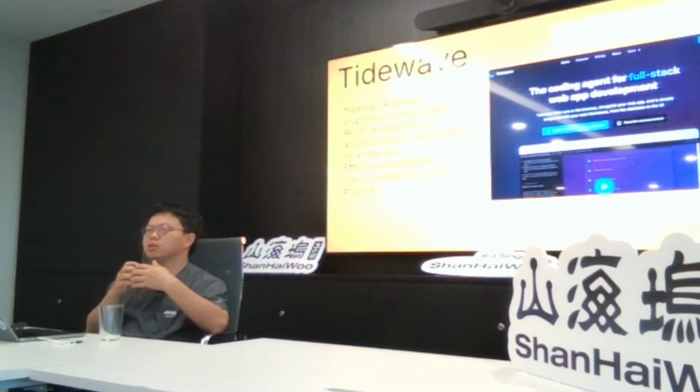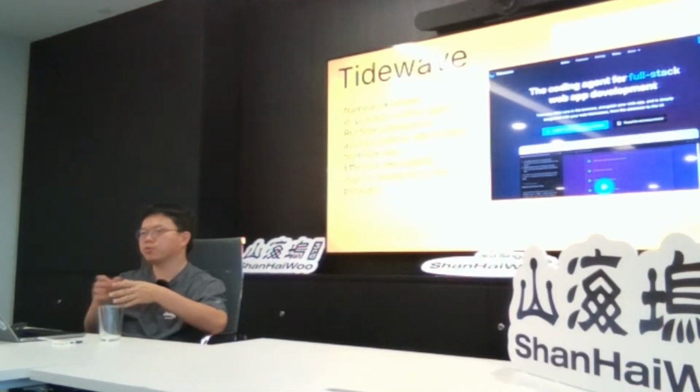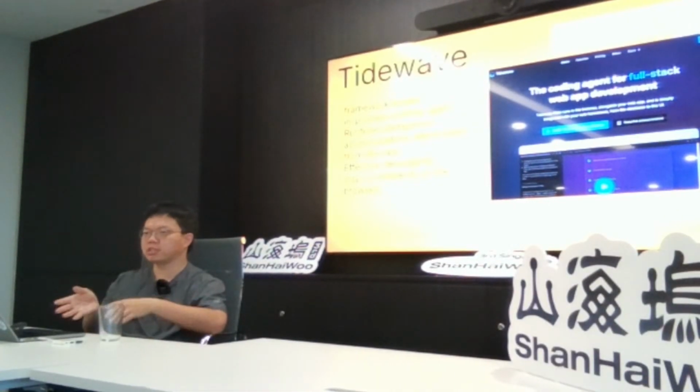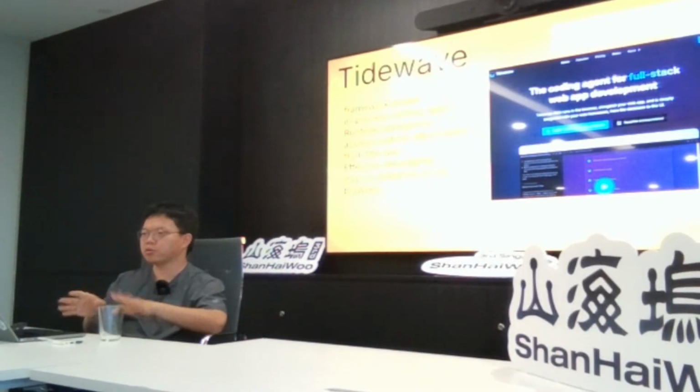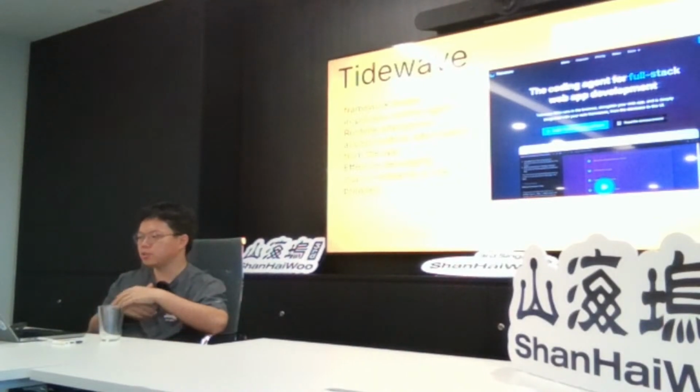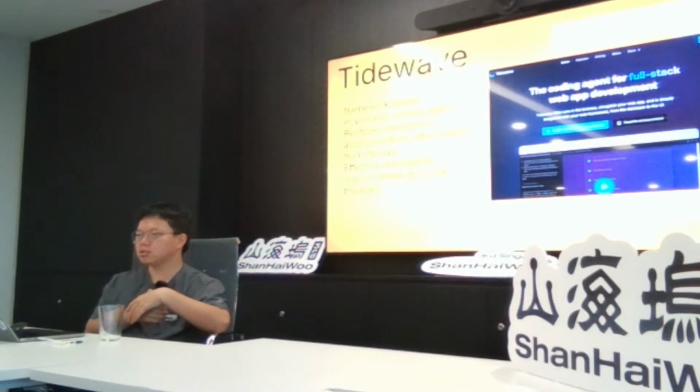But the most important thing is that when you are asking it to add new features or debug issues, you should control the code complexity. Don't make the code too bloated.